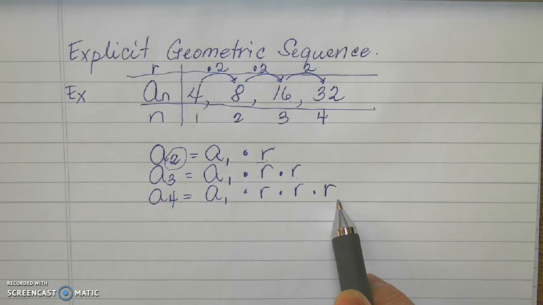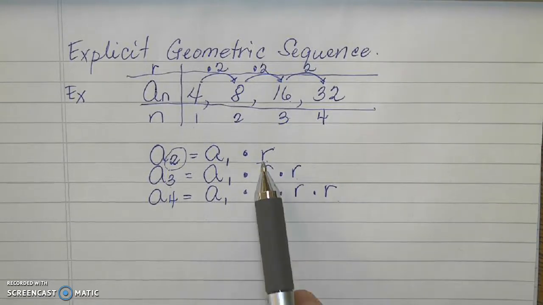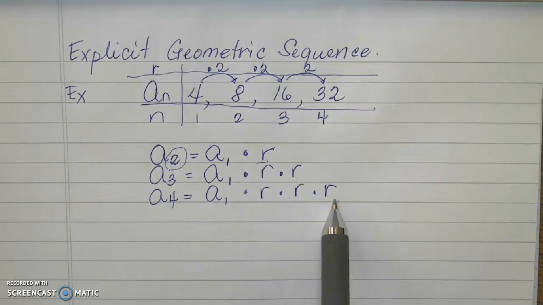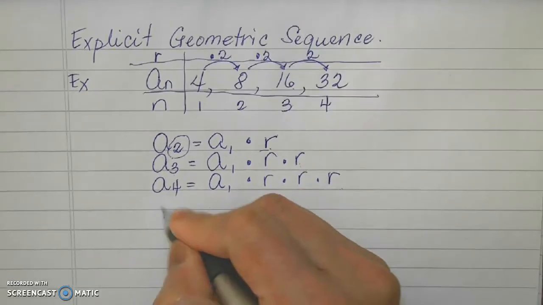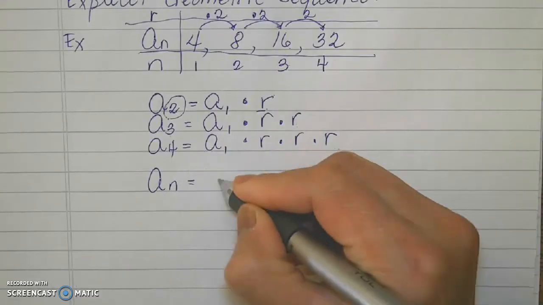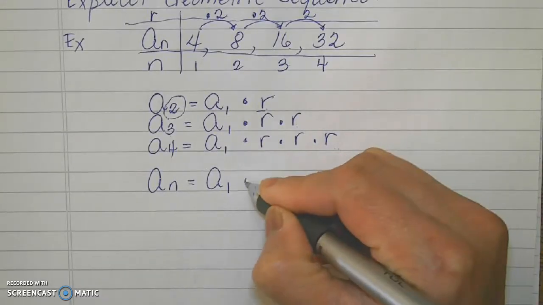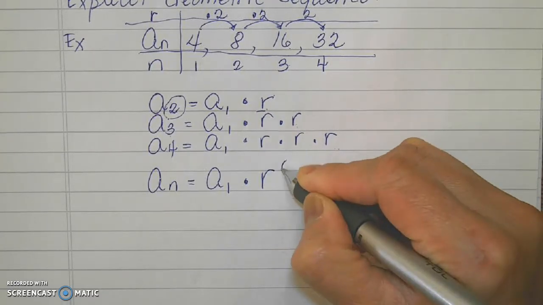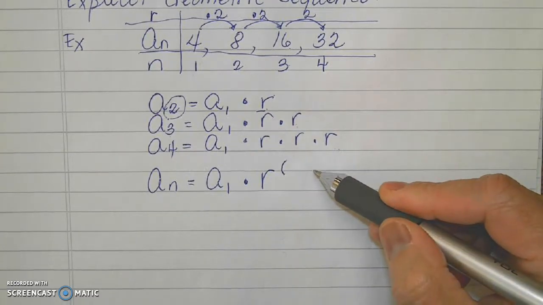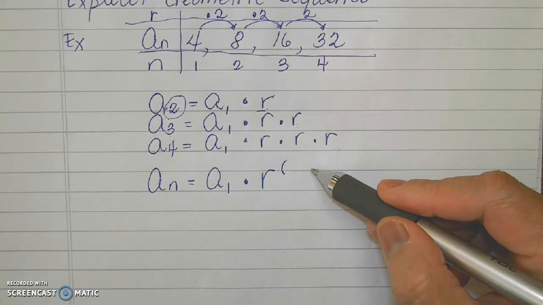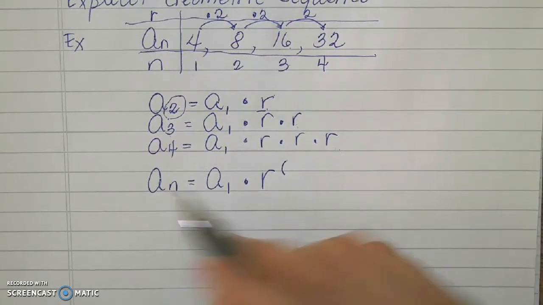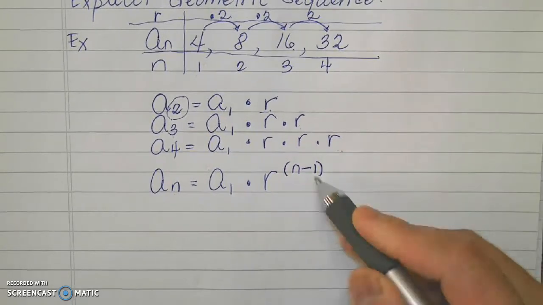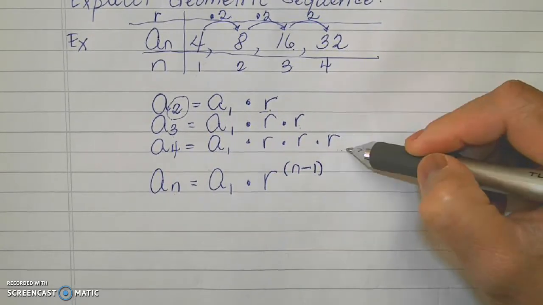Now, please be careful because this is multiplying already by itself. So this is power. Therefore, a sub n is equal to the first term times the common ratio raised to the power that is the position less 1. So whatever position is, which is n, must be less 1. And we derive that based off of this proof.